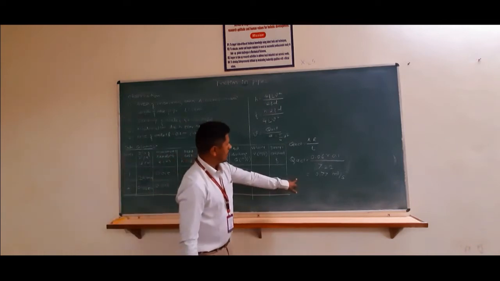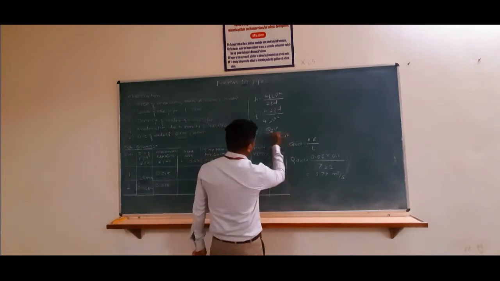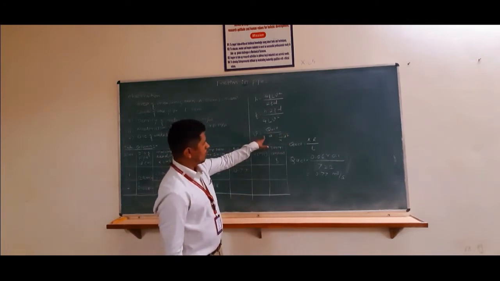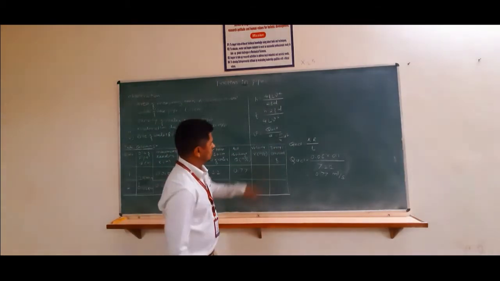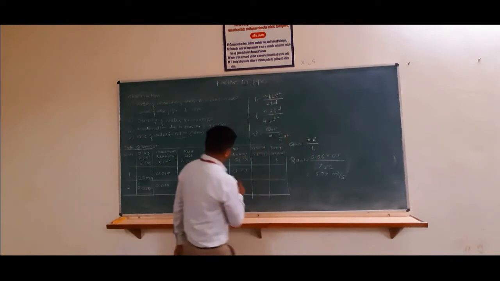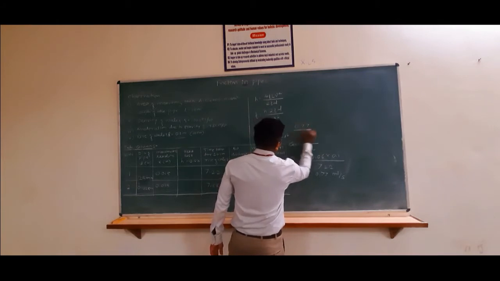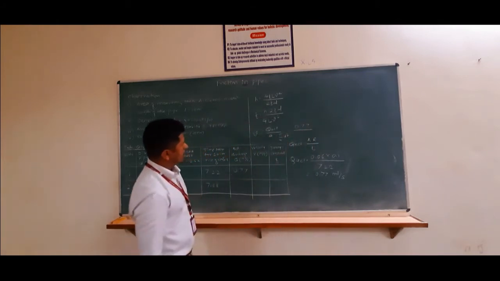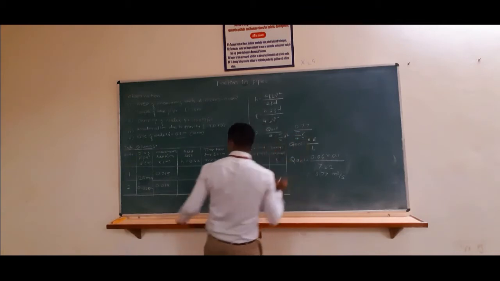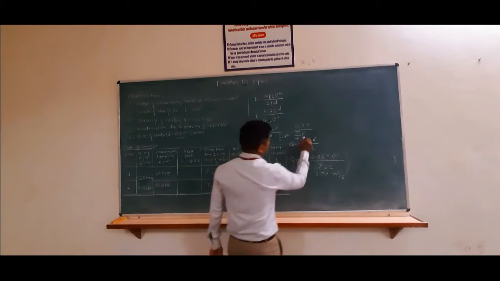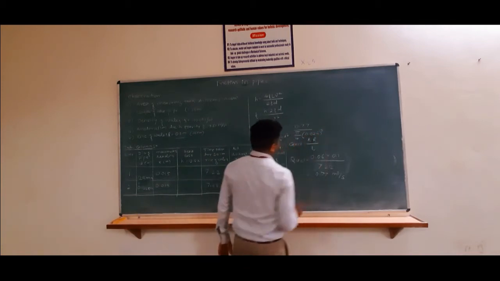After this, what is the next step? You have to calculate the velocity here. So V is equal to, as I have already given the formula, Q actual divided by the cross sectional area. Q actual you have already calculated, that is 0.77, and here the cross sectional area is pi by 4 into D, and the D is 0.025 squared, meter square.